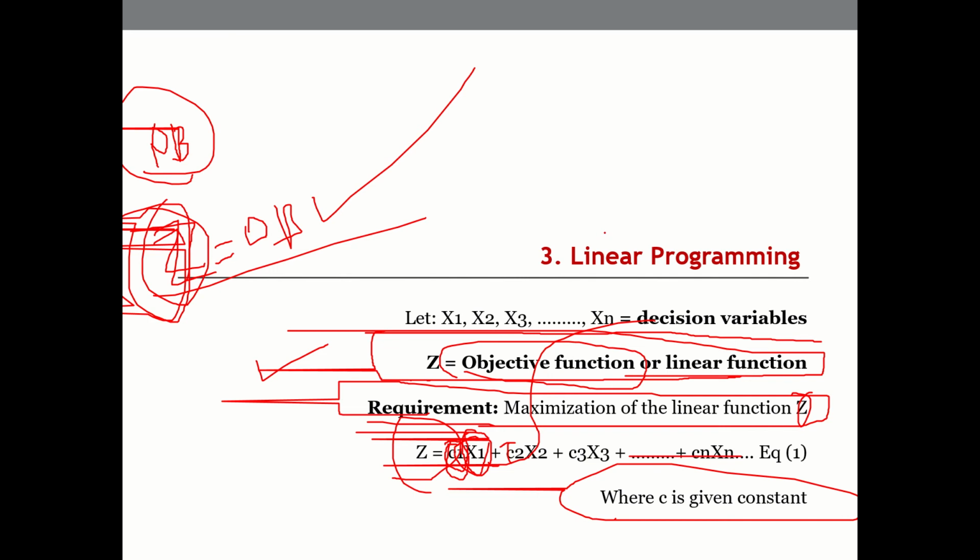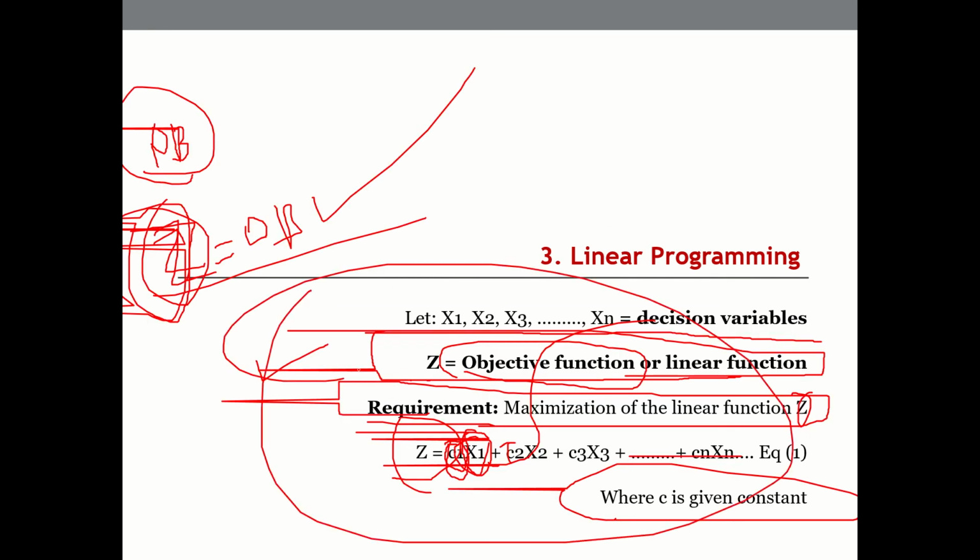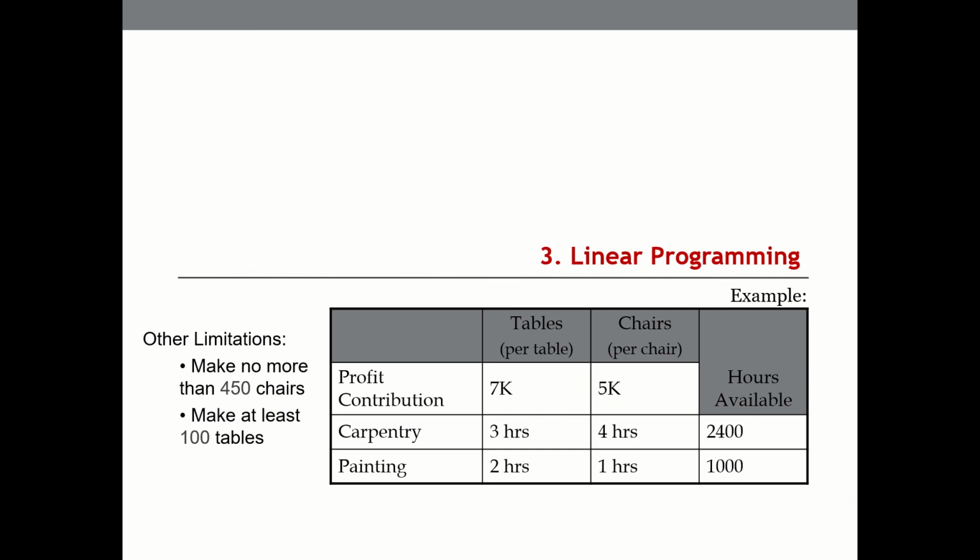If you put this in the form of a problem statement, I think this will be much clearer for all of us. So let us understand the same thing through an example. There is one company which manufactures tables and chairs, and this is the cost and time spent for making tables or chairs.